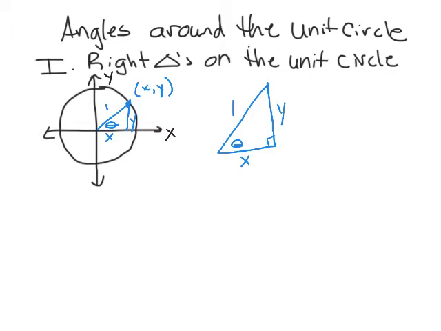If I was going to set up the cosine of theta, if you look at this diagram, it's going to be x over 1. And the sine of theta is going to be y over 1. And then the tangent is going to be opposite over adjacent, y over x.